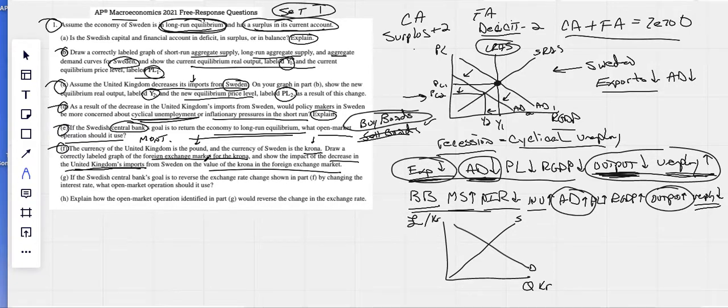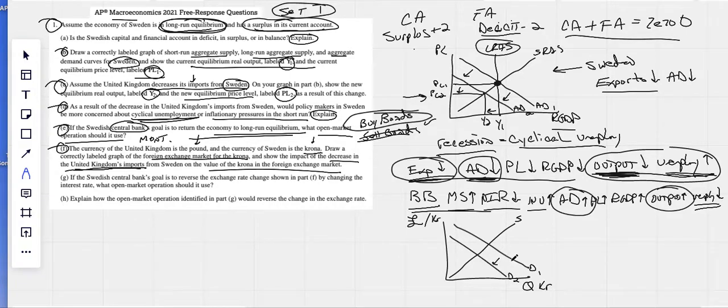If the United Kingdom is not buying Swedish goods, they're not having to buy the krona to buy those goods, because the Swedes only take the krona. They don't take pounds, right? You have to exchange pounds in the FOREX for kronas, and then you could buy the goods. So if they're not buying Swedish goods, the demand for the krona is going down. This would be 1, this would be 2.